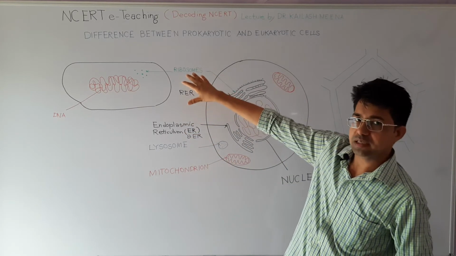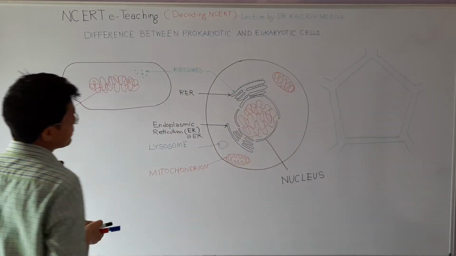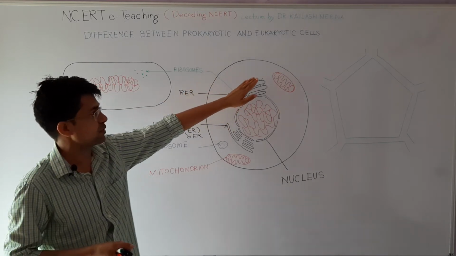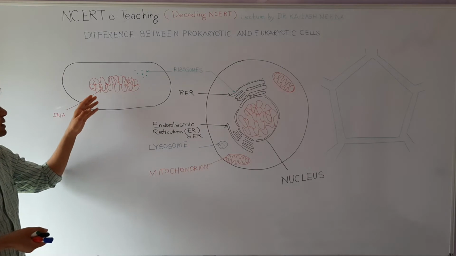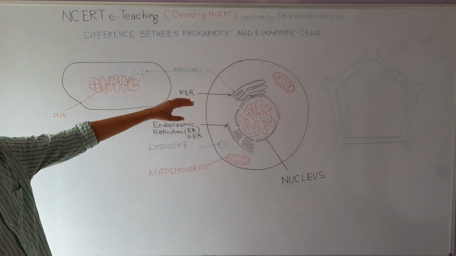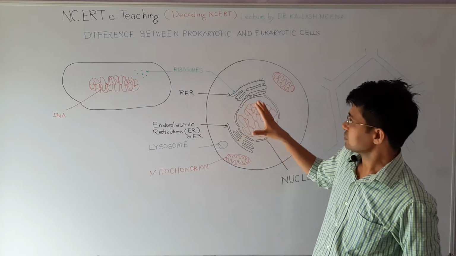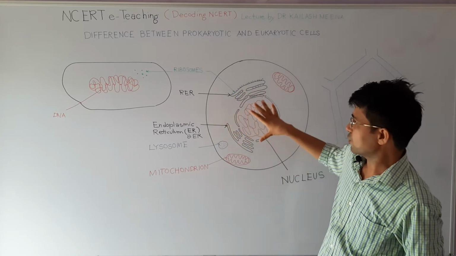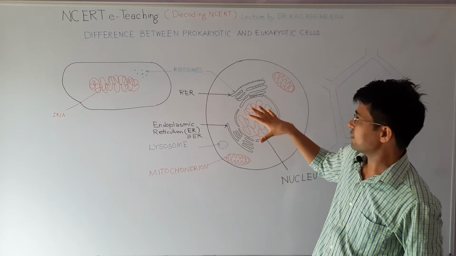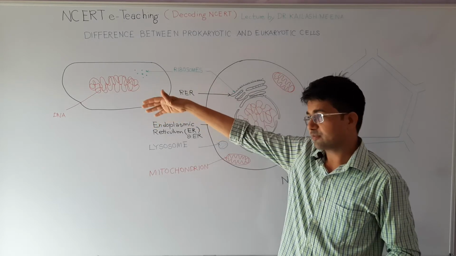So ribosomes are essential for making proteins. Both cells are making proteins, but this cell is making proteins with ribosomes attached on the surface of rough endoplasmic reticulum, and this cell is synthesizing protein with the help of these ribosomes. Of course, the ribosomes of prokaryotic cells will be small and the ribosomes of eukaryotic cells will be comparatively large. So both cells have essential components but arranged in a different manner.